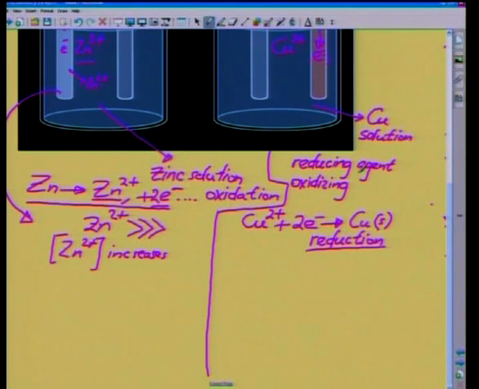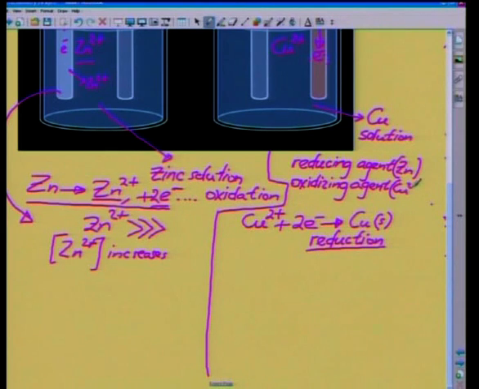Which one between the copper ions and zinc is giving away electrons? You will see that it is zinc. Oxidizing agent, we said, is a substance that receives the electrons. Which one is receiving the electrons?